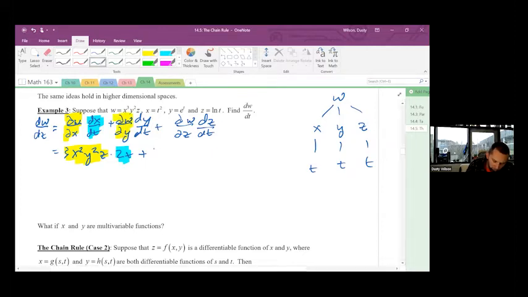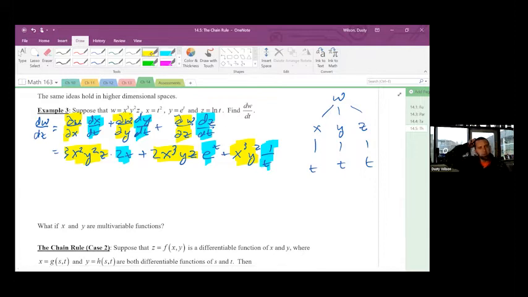That would be 2x cubed yz times dy/dt. dy/dt is going to be e to the t, because the derivative of e to the t is e to the t, plus the partial of w with respect to z. So plus, that looks like it's going to be x cubed y squared times dz/dt, which would be 1 over t.